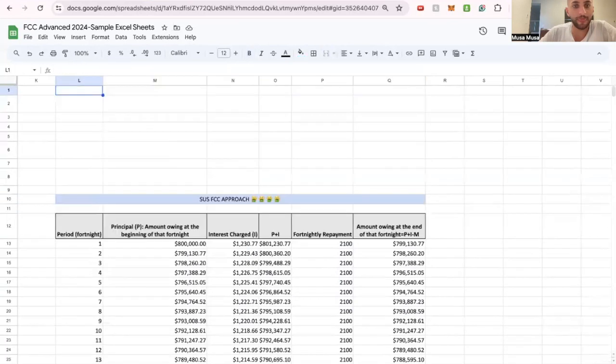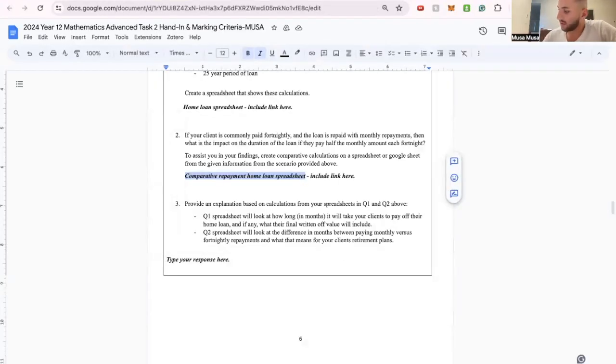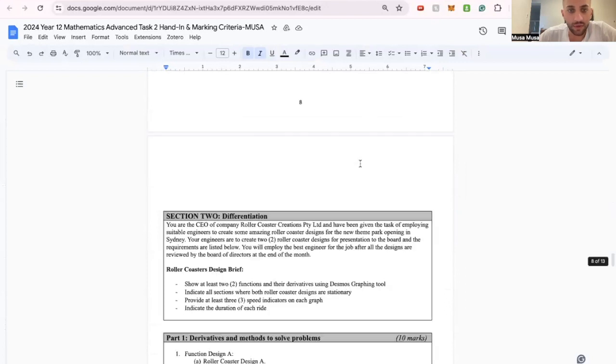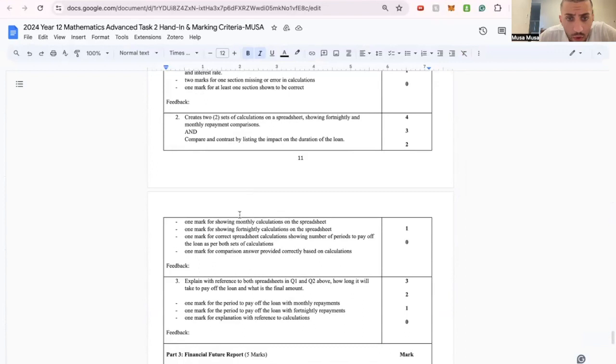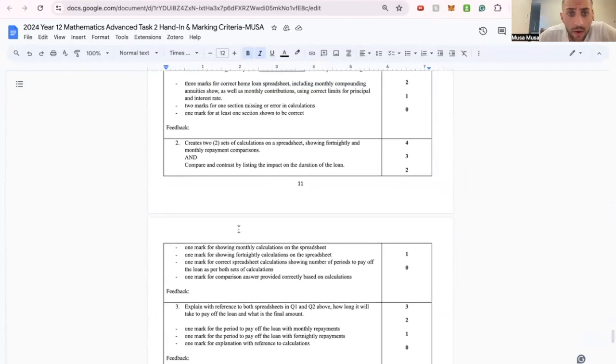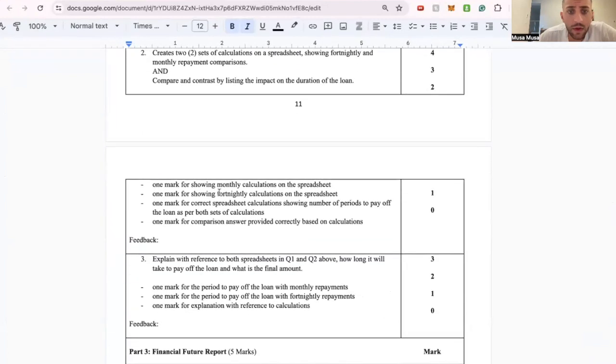So the question says, if you look back here, number of periods to pay off the loan for both sets of calculations.